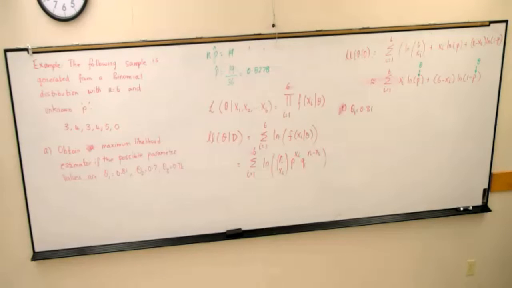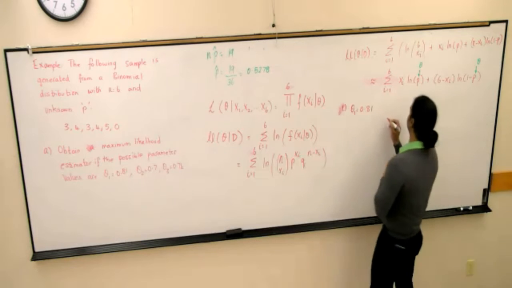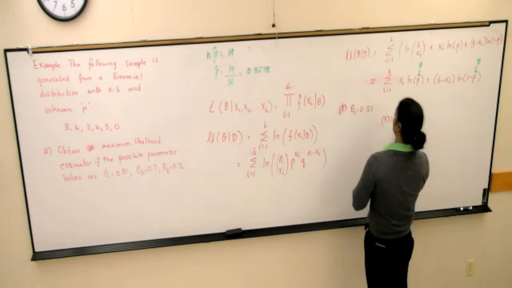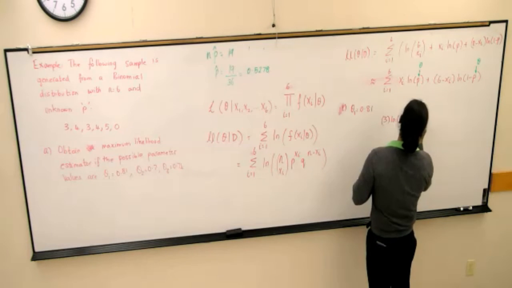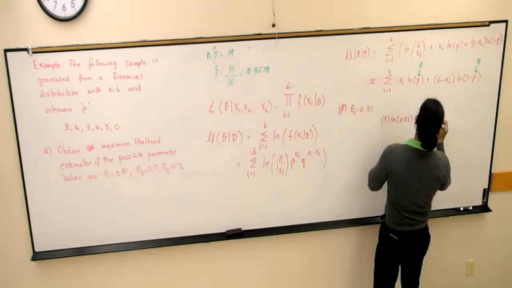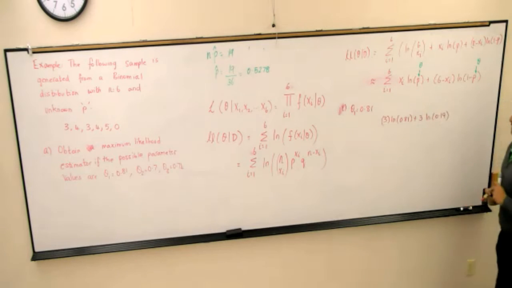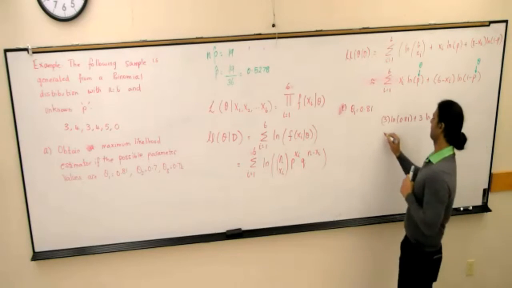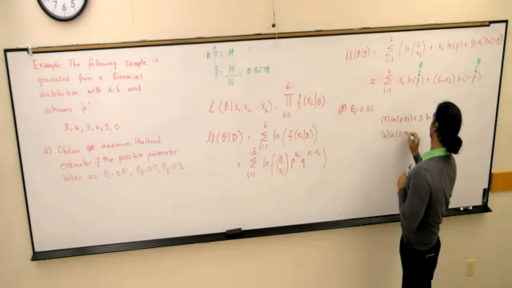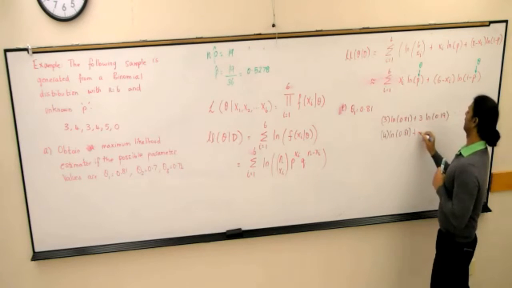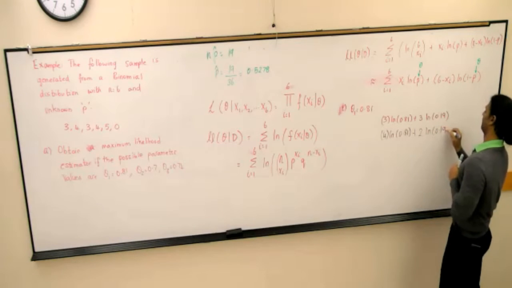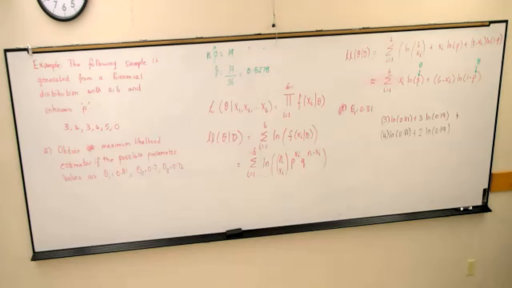Well, we'll start plugging values in. 3 ln of 0.81 plus 3 ln of 1 minus 0.81, which is 0.19, plus 4 ln of 0.81 plus 2 ln of 0.19, because I'm plugging in each xi: x1, x2, x3.